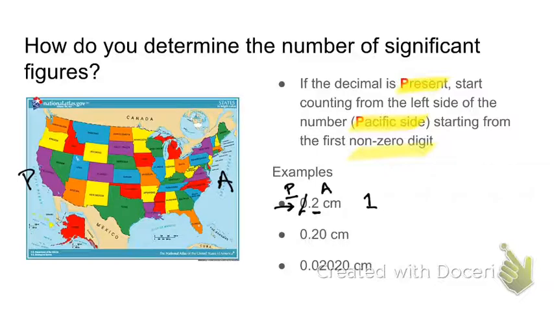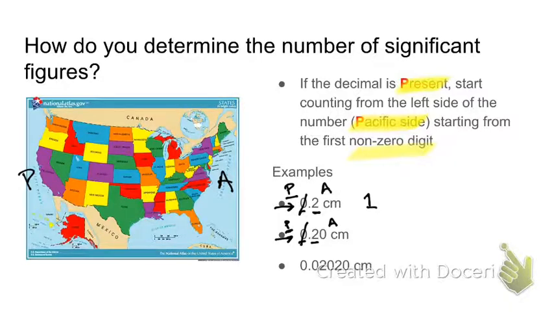The second example, here I have my Pacific and Atlantic side. Here the decimal is present, so I start counting from the Pacific side. My first number I encounter is a 0. I can't start with a 0. It has to be a non-zero, so that's not significant. The next number is a 2. That will be significant. It's not a 0.